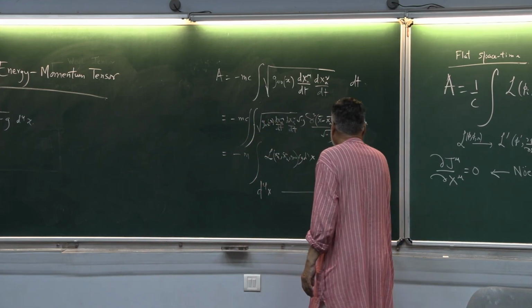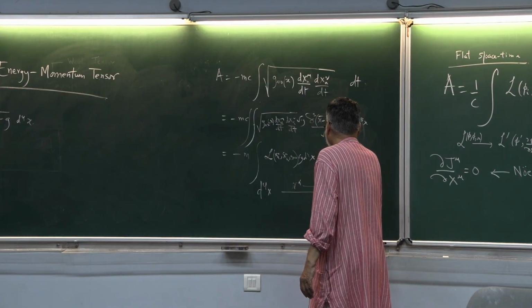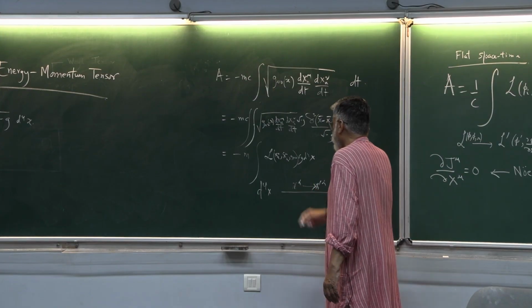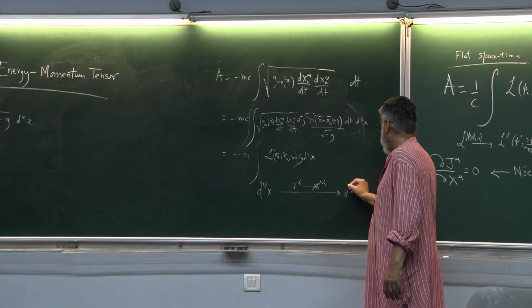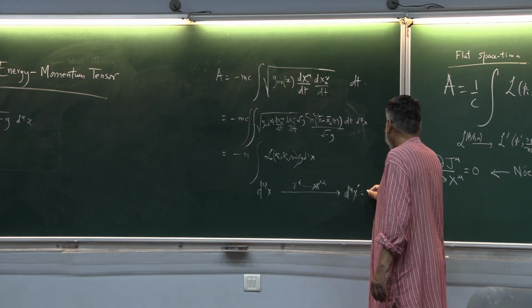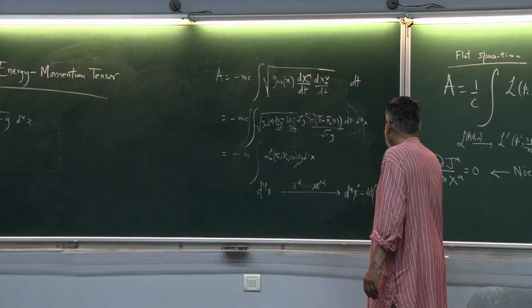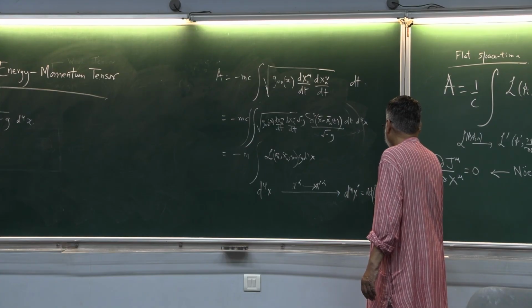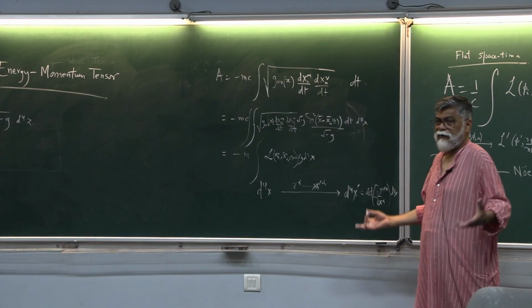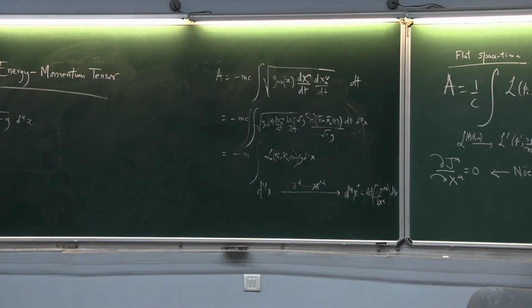if I make a general coordinate transformation, x alpha going to x prime alpha, how would d4x transform? d4x prime will be the Jacobian times d4x. What is the Jacobian? The determinant of del x prime mu by del x alpha. We have been doing this all along when going from a Cartesian volume integral to a spherical polar coordinate volume integral.